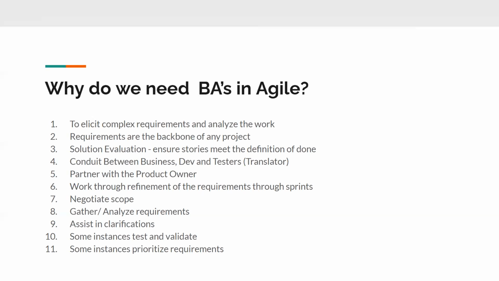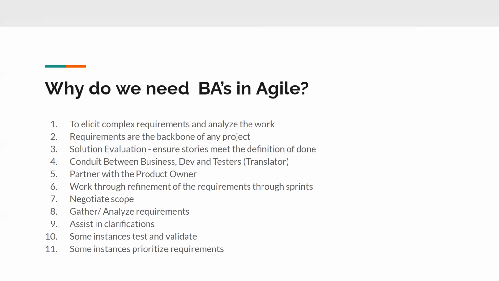There's no one within the team that can say, hey, what is the definition of done for the sprint? What is the definition of done that's acceptable to the customer? The BA is the person that can coordinate and communicate the sign-offs and what the definition of done should look like. So the BA's role becomes critical here.